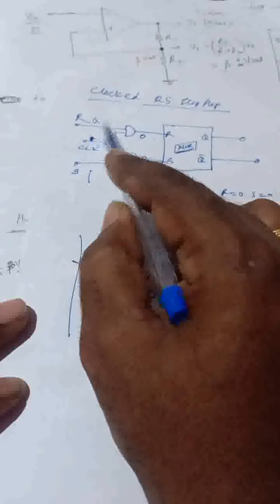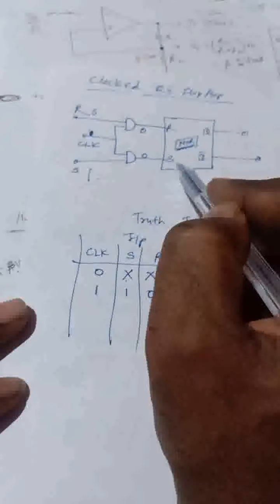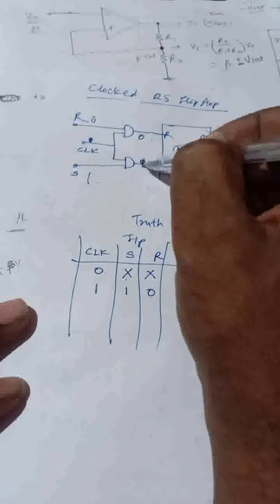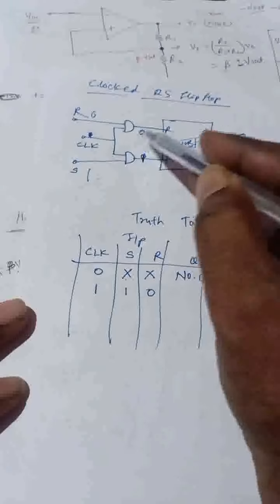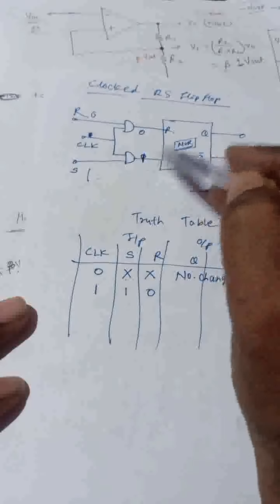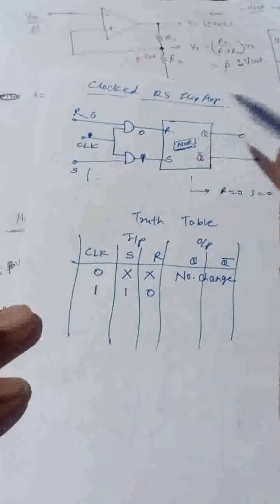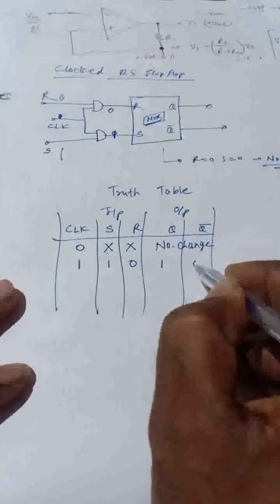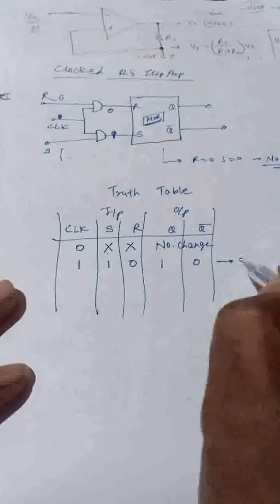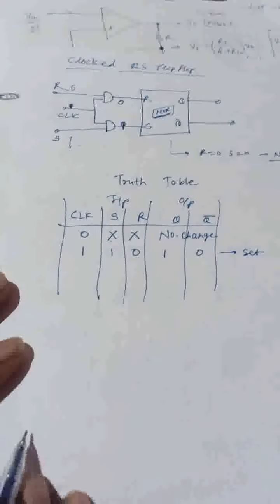If it is 0, then it is 0. If it is 1, then here you will get 1. So as S equal to 1, R equal to 0, we very well know this goes into the set condition. That means Q becomes 1, Q bar becomes 0. So it is a set condition.